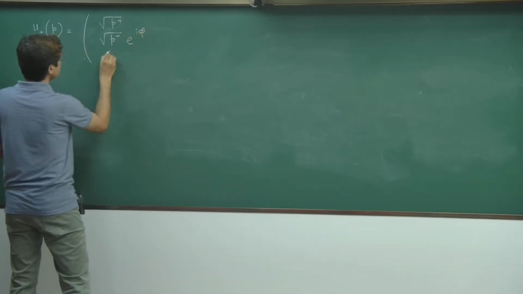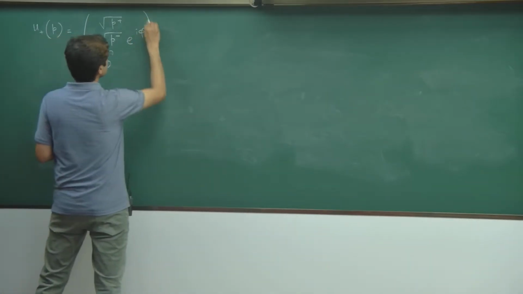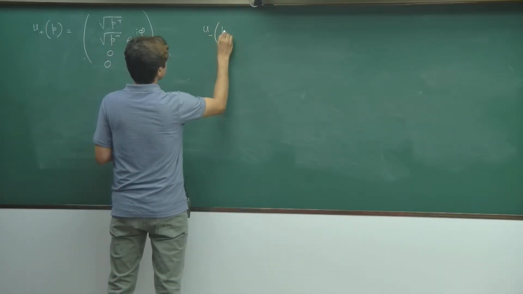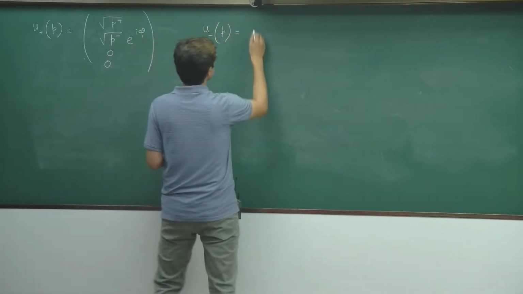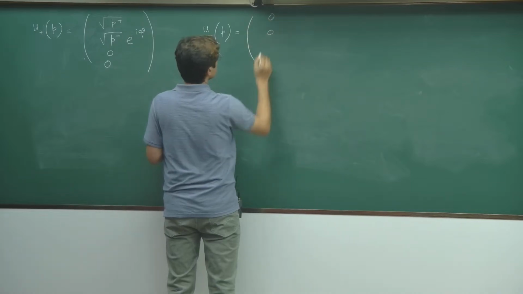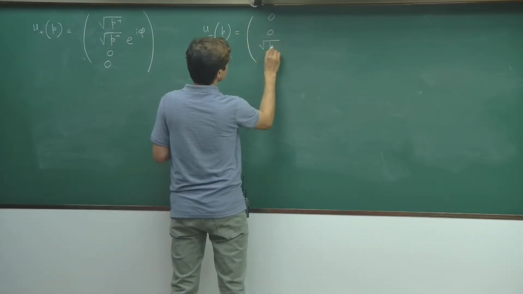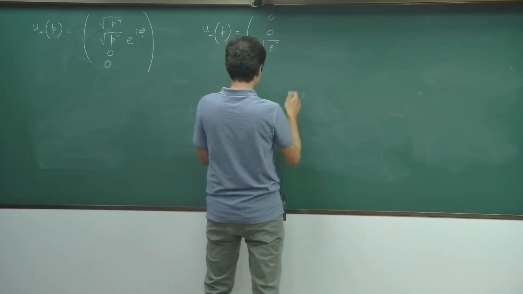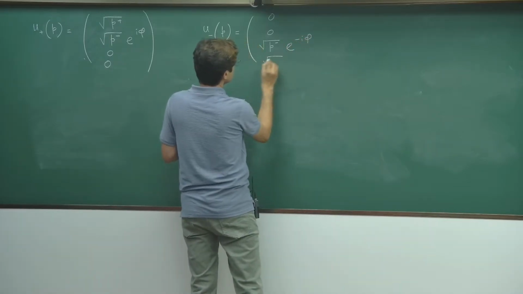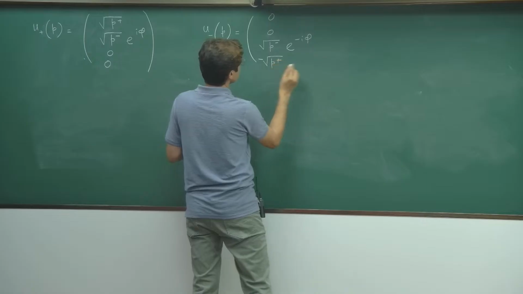I will tell you what these p plus and p minus are, and u minus p is 0 0 root over p minus e power minus i phi and minus root over p plus.